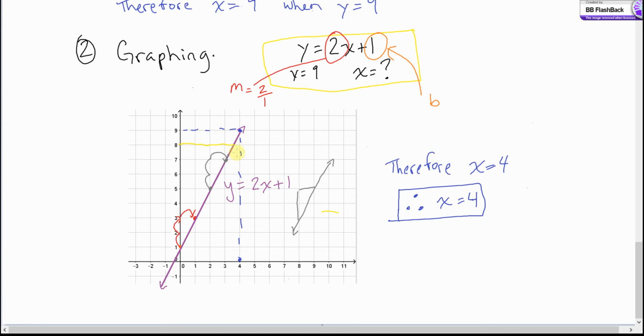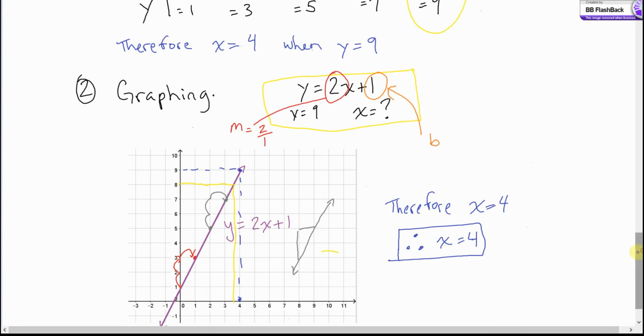Ooh, that's a little bit tricky. Well, I can safely say x is somewhere between 3 and 4, but it's pretty tough to say exactly what it equals. 3.6, maybe? 3.5? It's hard to tell exactly, because my line's probably not perfect. But in this case, we could solve it algebraically and get that answer, an exact answer.